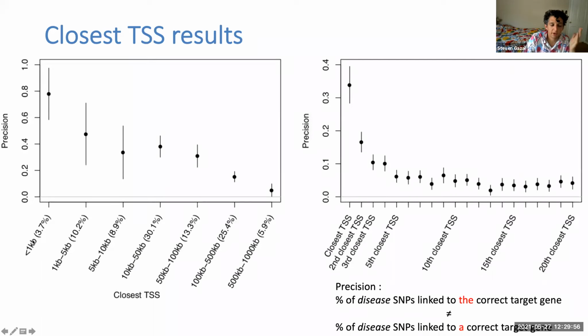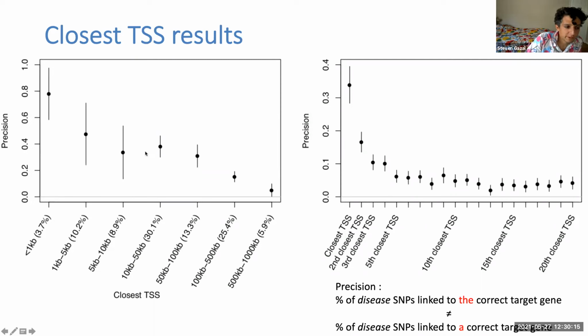So for example, if a causal GWAS hit is less than 1 kb from a TSS, then the precision, the probability that the disease variant targets the gene, is around 80%.